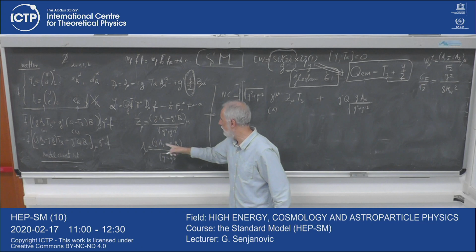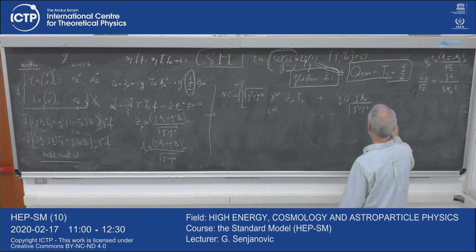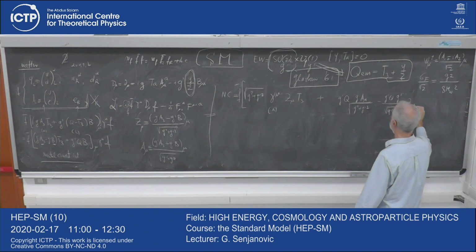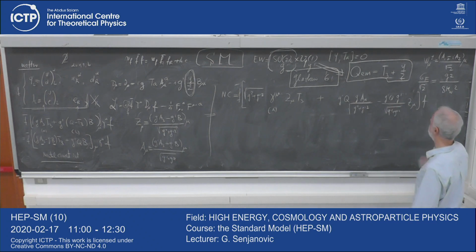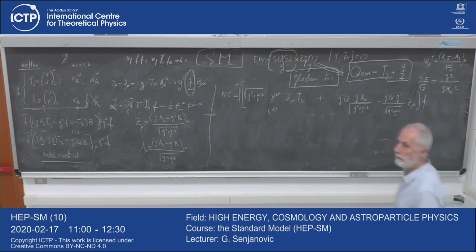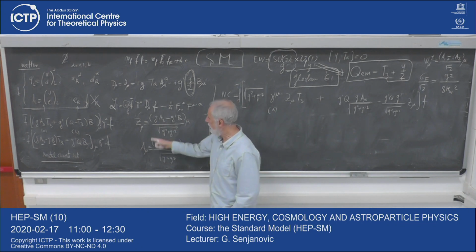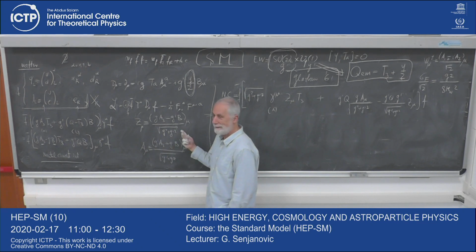B depends as G A mu minus G prime Q, and then G prime, it's normalized, G square plus G prime square, Z mu times F. Okay? I have Z and the function of A and mu, you know how this is. This is a rotation, right?